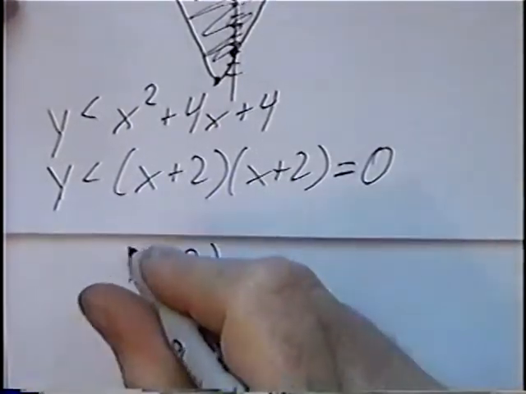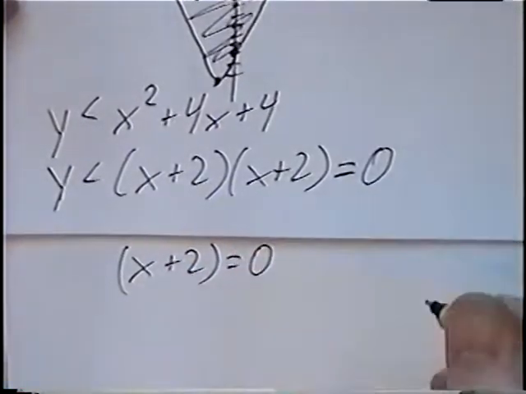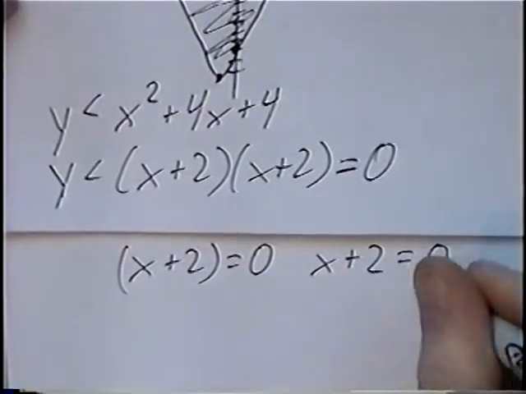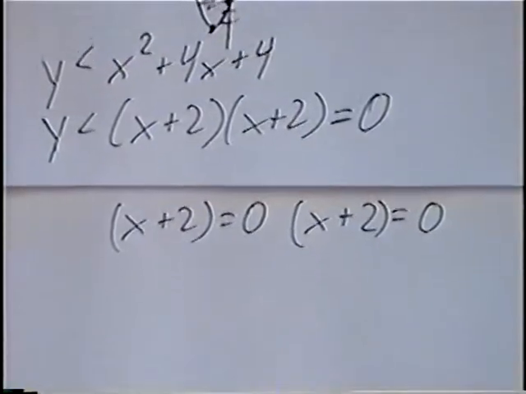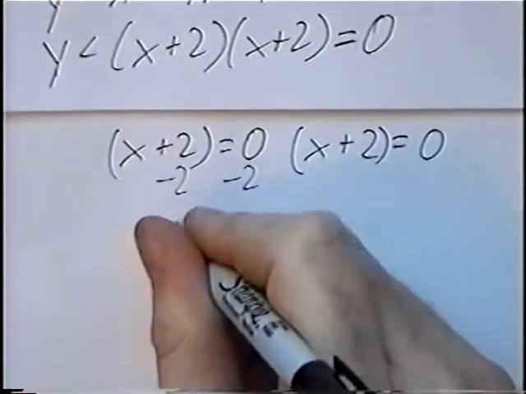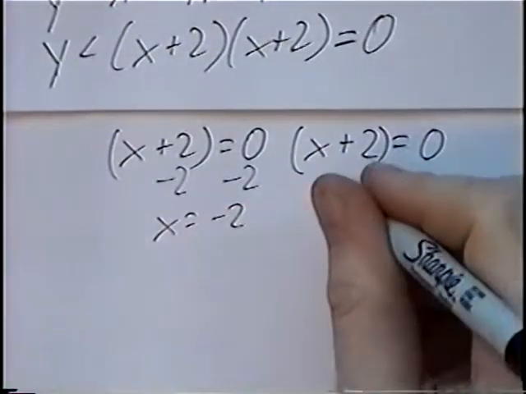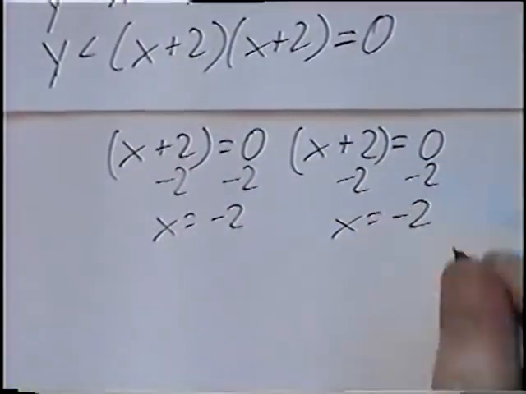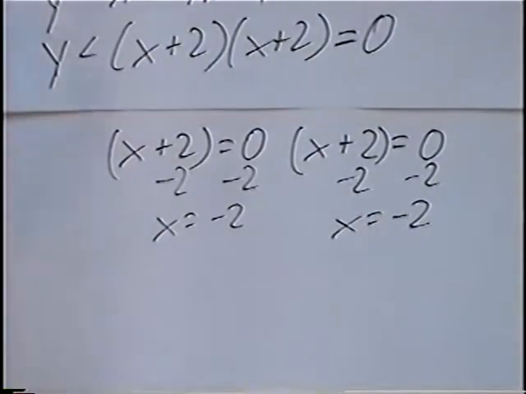So the first parentheses, x plus 2 equals 0, and the second parentheses will be the same, x plus 2 equals 0. Solving each one of these, we'll get the same answer twice, x equals negative 2. If you get the same answer twice, that means there's one solution to the graph, negative 2.